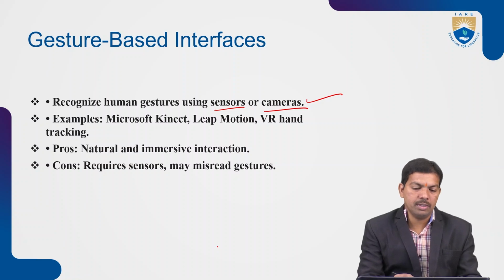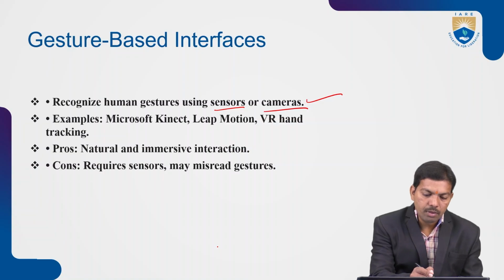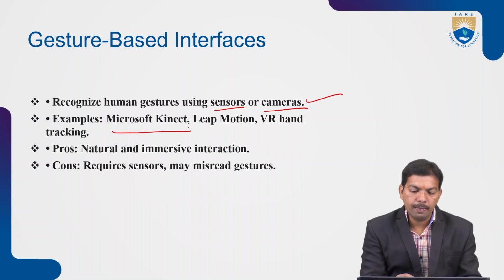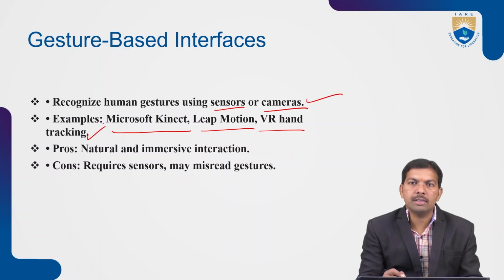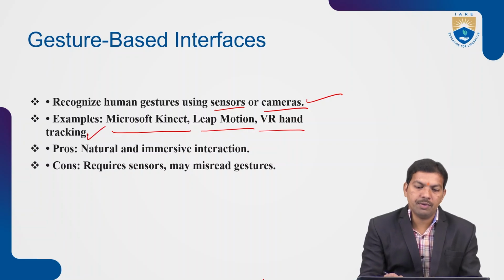Examples are Microsoft Kinect, Leap Motion, VR hand tracking. These are the examples of gesture-based interfaces using sensors and cameras.